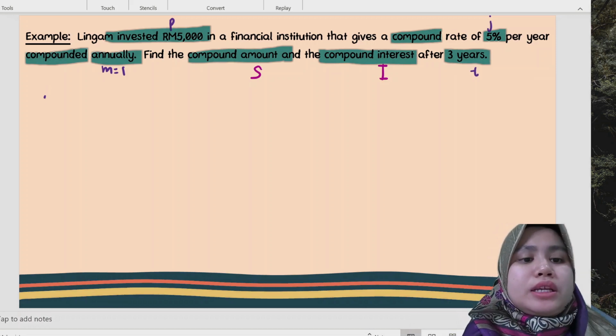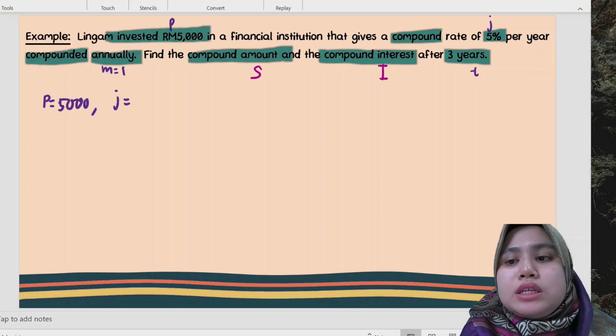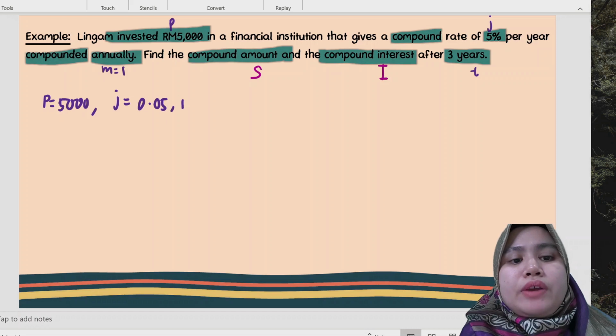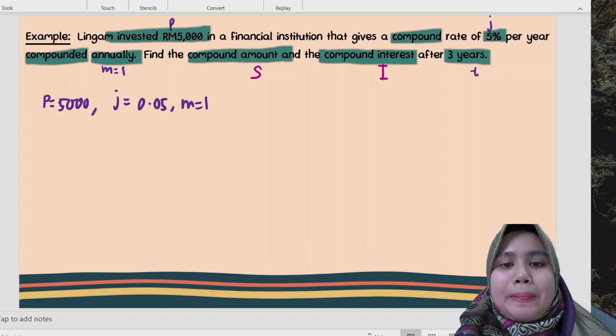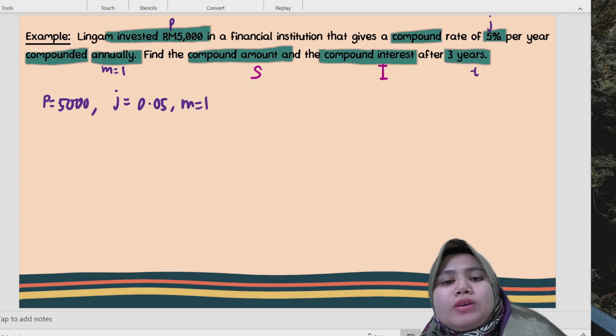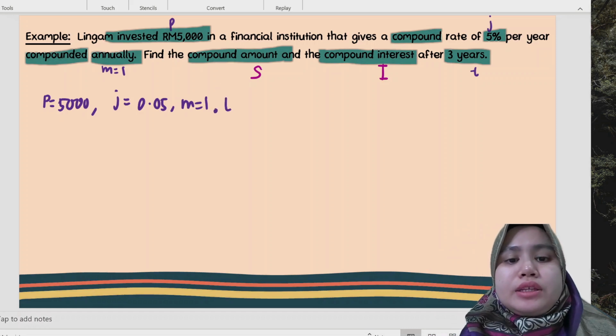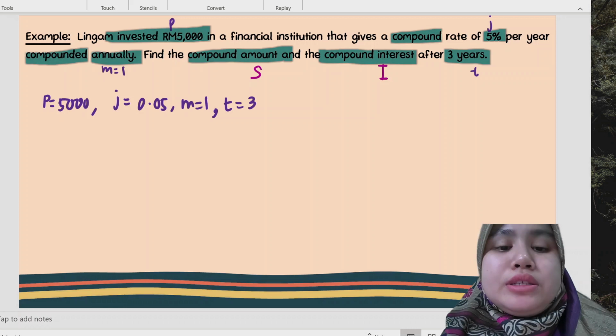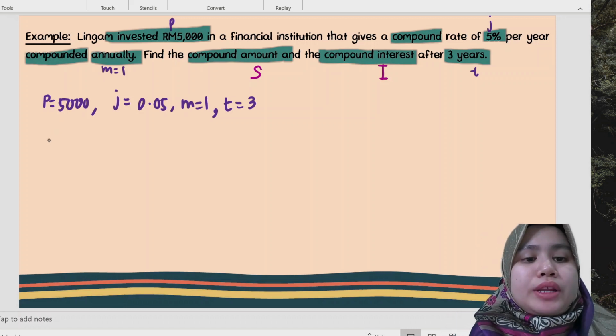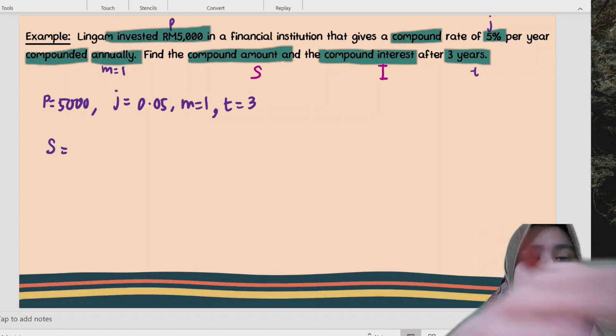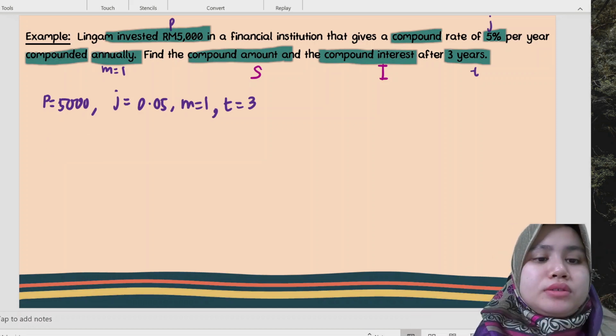So let's take out the information that we have. 5,000. J is equal to 0.05. Your M is equal to 1. Your T, don't forget T, although your T is at the end of the question. So we want to find S first. S is our formula.